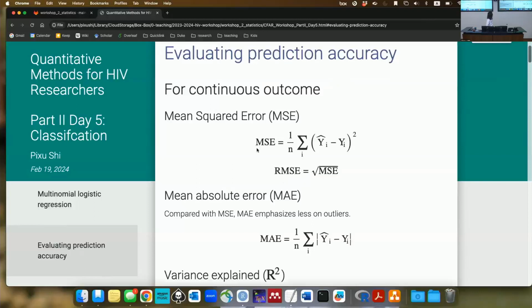This one is the most used one. It's simple and it corresponds to linear regression very well, because linear regression is trying to minimize this. So mean squared error is a natural criterion for the goodness of fit of linear regression. But people use it for other regression models as well, as long as you have a continuous outcome.